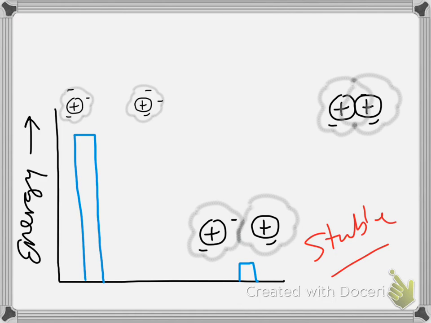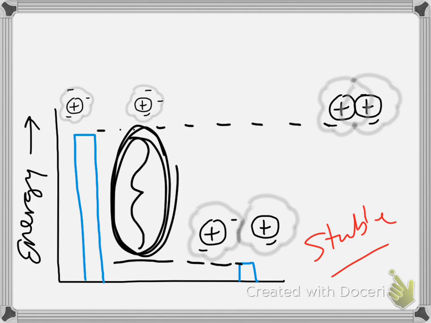This is much lower energy. There's a difference between these two energy states. Now, we don't have any units on this. But the question is, if something goes from being higher energy to lower energy, what happens to this amount of energy?